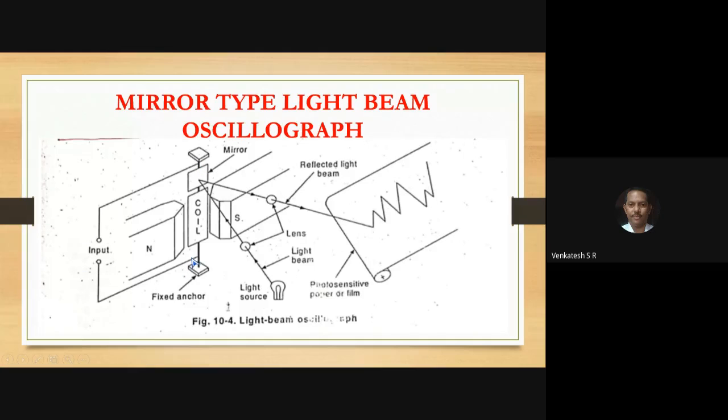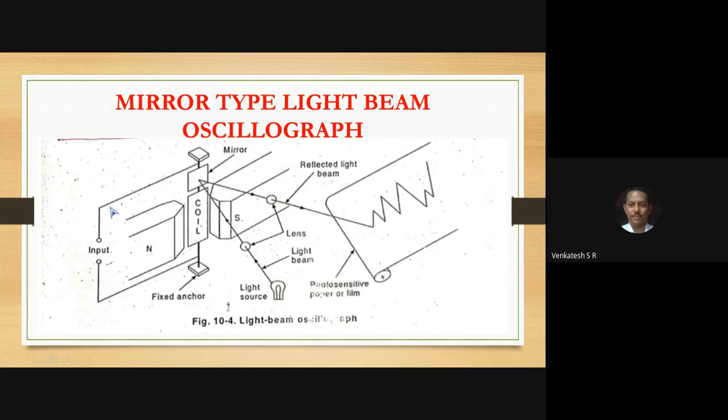All of you observe here. Above the coil, there will be a mirror. The mirror is connected to the anchor, and the anchor is provided with the input of 5 amps or 15 amps. Once you switch on the light source, it provides light rays which pass through the lens, hit the mirror, reflect back, pass through this lens and are incident on the photosensitive paper or film.